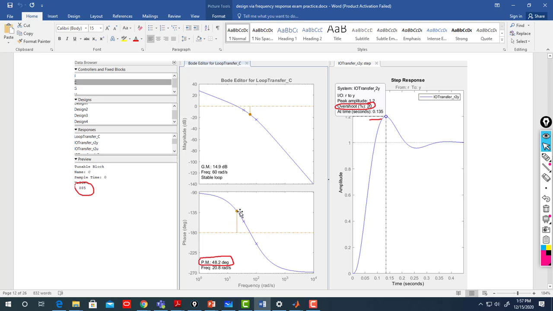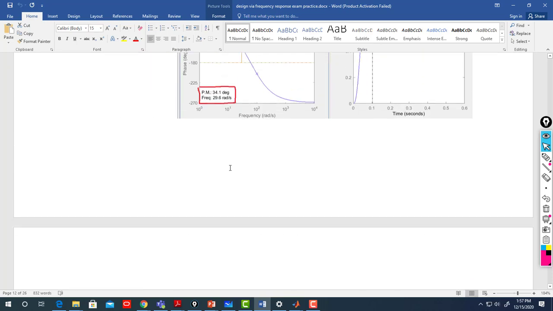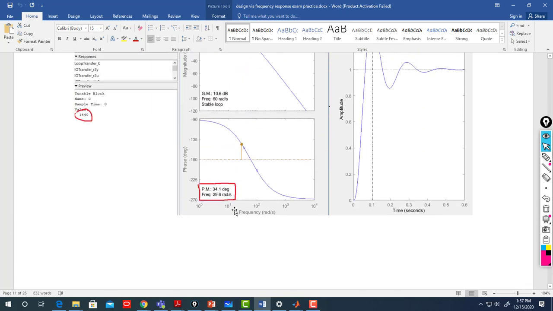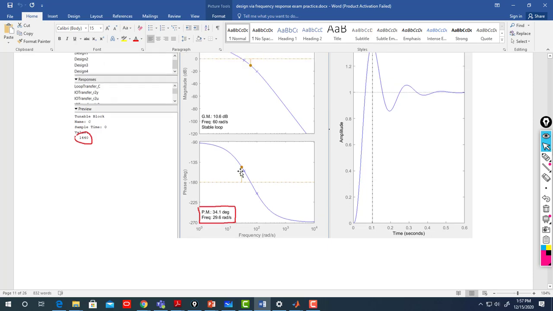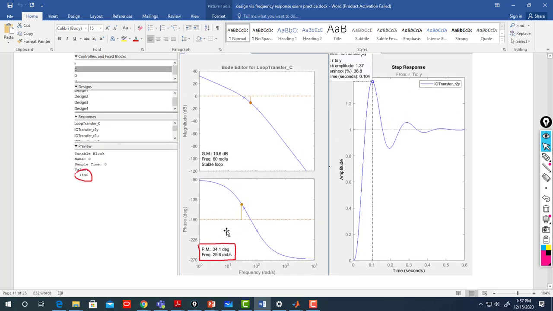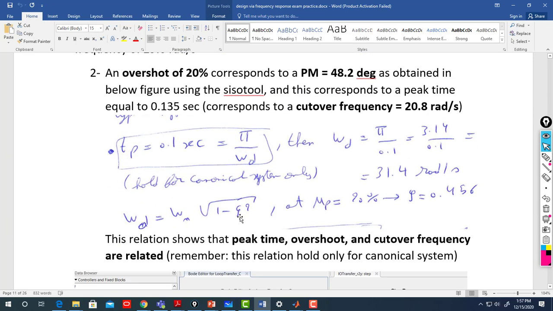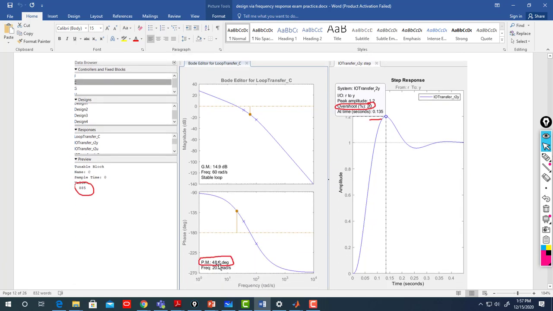At 20 radian per second, I design my lead compensator, which gives me a phase lead, so I can add an angle to this angle of 34 degrees to reach 48 degrees. So I add a lead compensator. Here is the trick: I add a lead compensator in between.